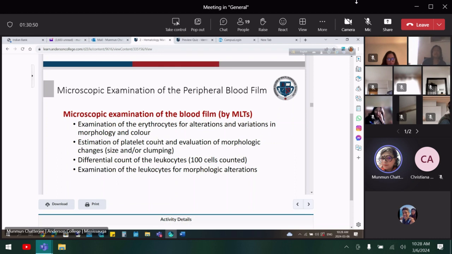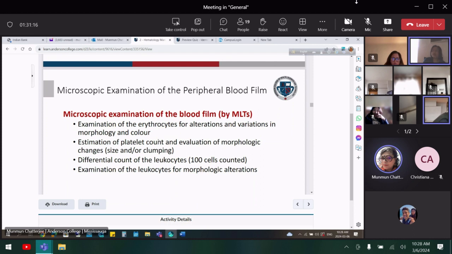Give me one example where you see a difference in morphology, normal versus abnormal, for the erythrocytes. Polychromasia, where they are not stained, they're pale. But I'm asking about morphology.